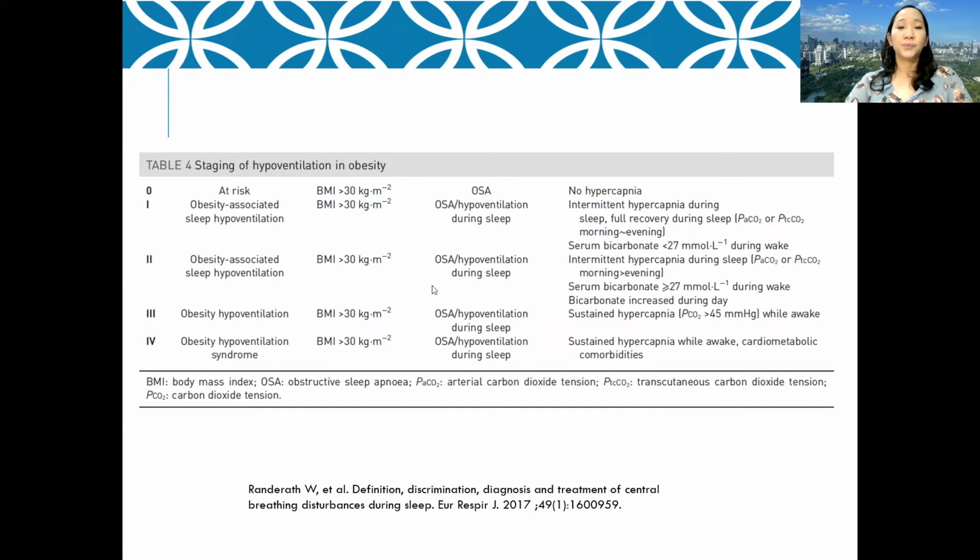For stage 2, they start having more significant hypoventilation during sleep. They will have intermittent hypercapnia, in which if you measure blood gas in the morning, the PaCO2 level will be higher compared to the evening, and the serum bicarbonate starts to be greater than 27.